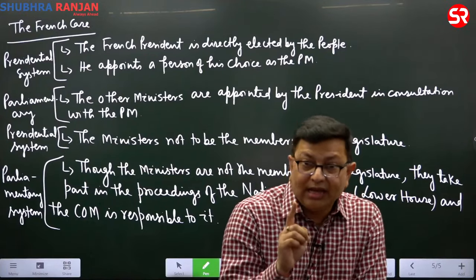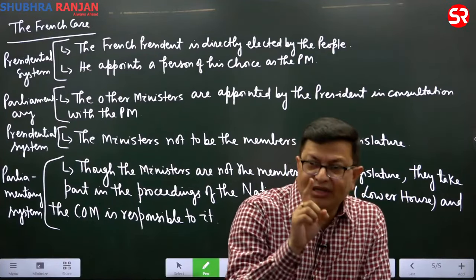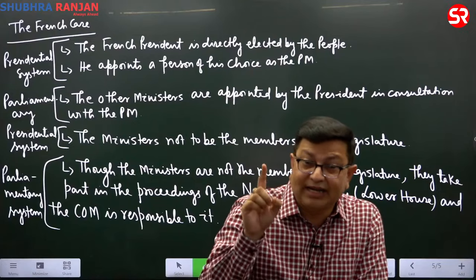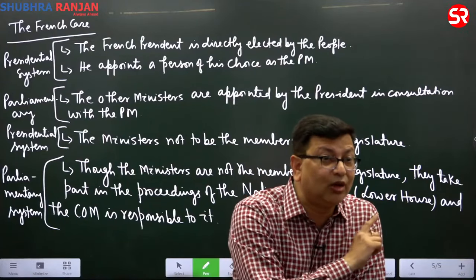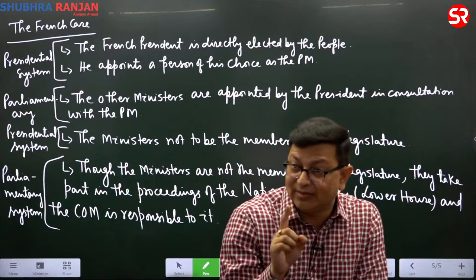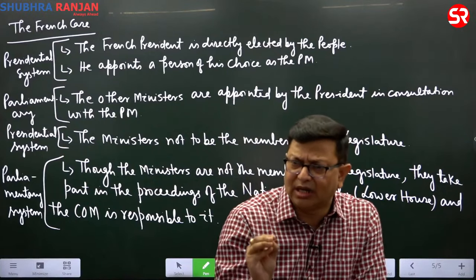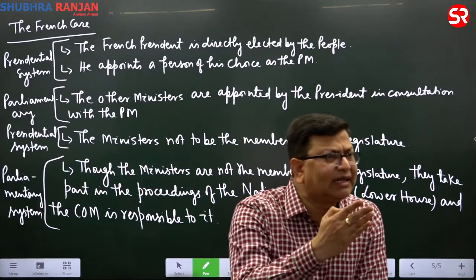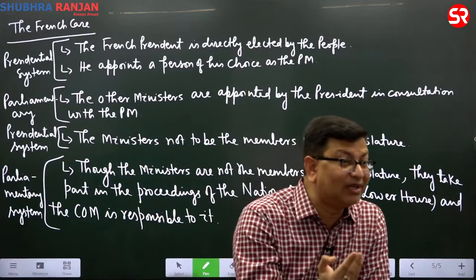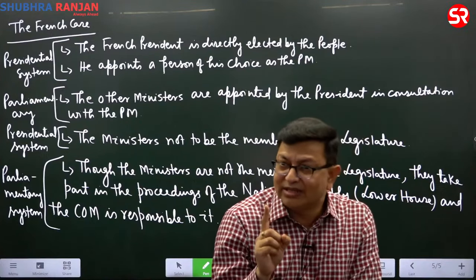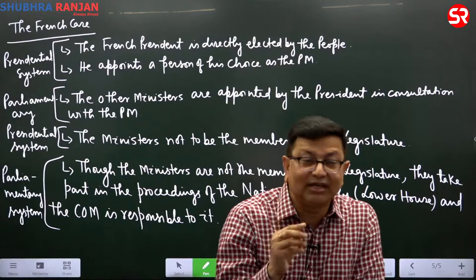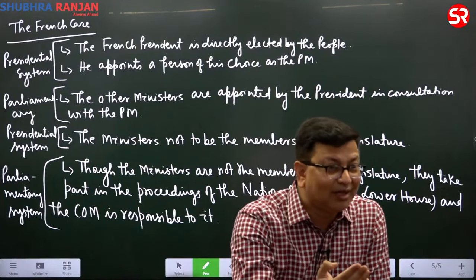But here the ministers will take part in the discussions, debates in the house, in the lower house, that is in the National Assembly. National Assembly is the popular house. The members are directly elected by the people, just as our Lok Sabha members. And the Council of Ministers, headed by the Prime Minister, is responsible to them.